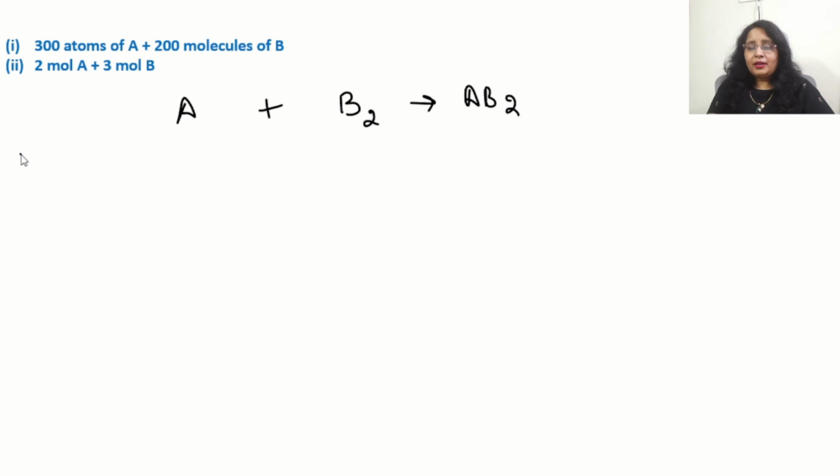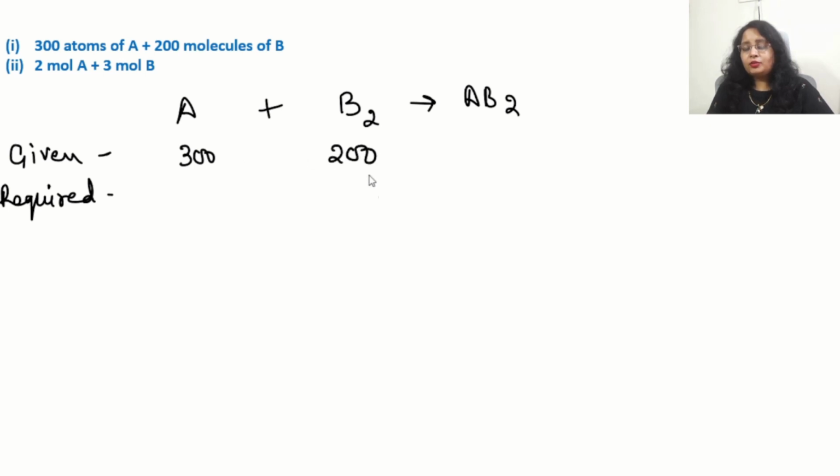Now we will write the given values and the required values. Given value of A is 300 atoms here, and for B2 it is 200 molecules. Now what is the required value? How will we determine this?